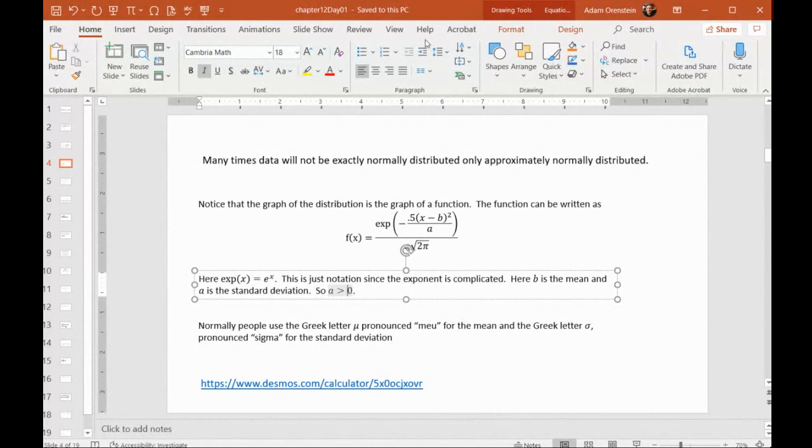All right, let me show you in Desmos how to get these graphs. Let me load it up. I found a website, and it gives us this stuff in Desmos.